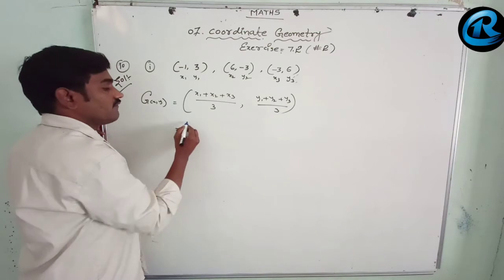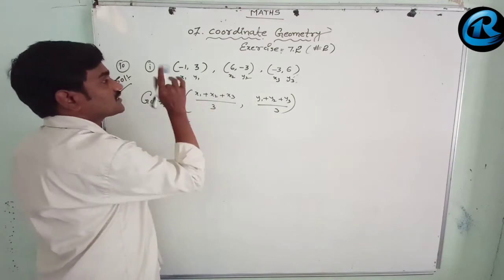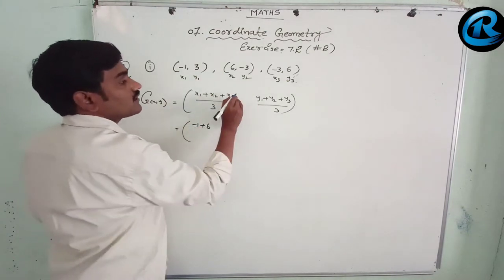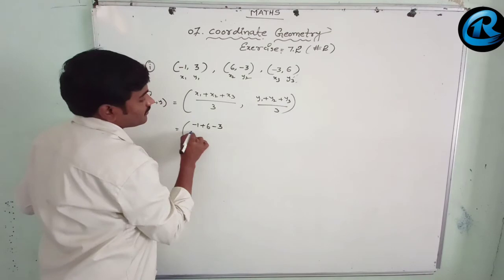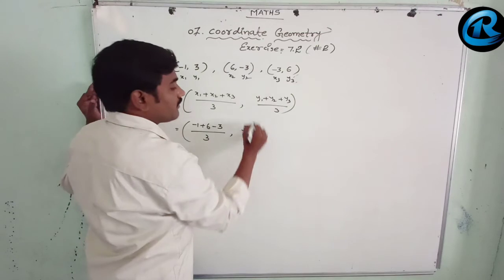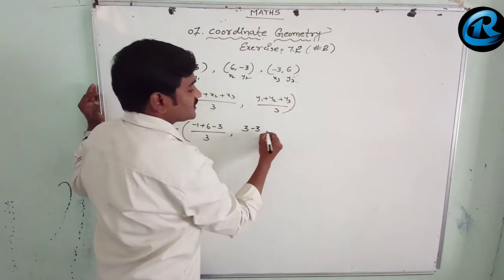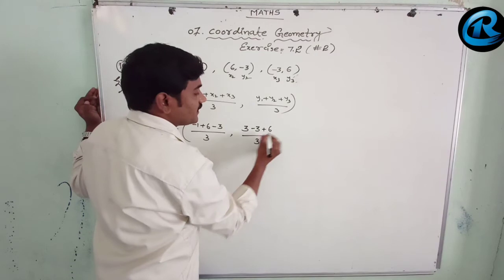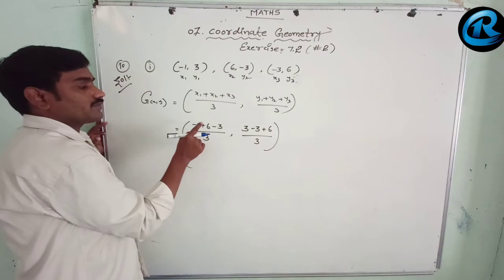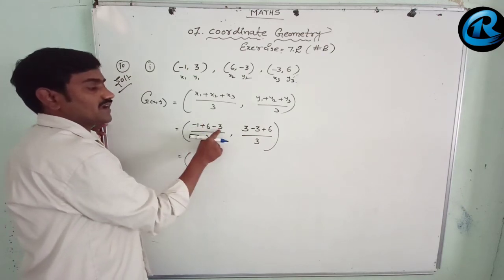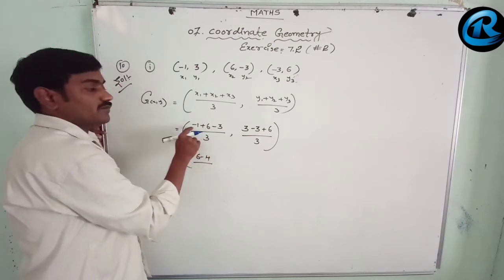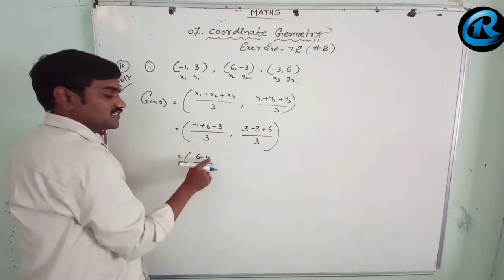Okay, let us find that out. x1 is minus 1, x2 is 6, x3 is minus 3, by 3, comma, y1 is 3, y2 is minus 3, y3 is 6, by 3. Simple here. Let us go: minus 3, minus 1, minus 3, it is minus 4.